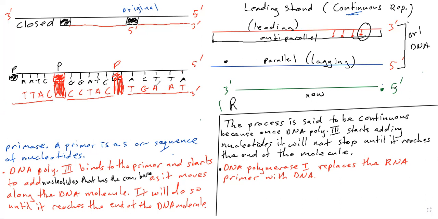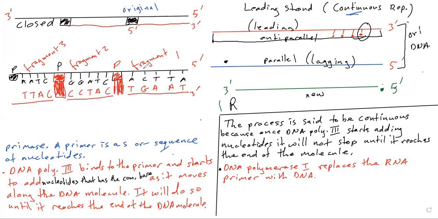And so we have completed the replication of the DNA molecule. Now, clearly, this is not one continuous thing. This is, let's call it segment one, segment or fragments. So this is fragment one, fragment two, and this is fragment three, right?